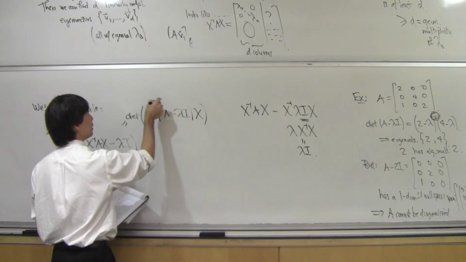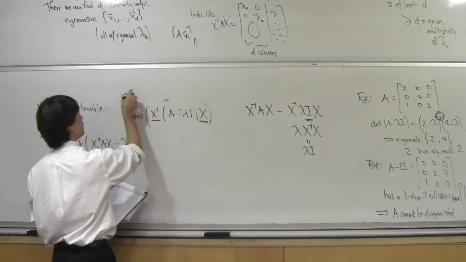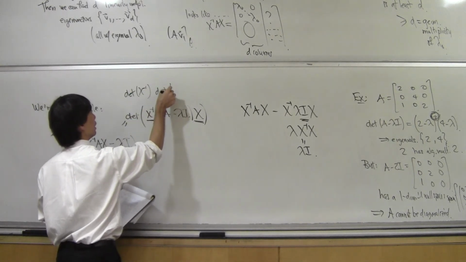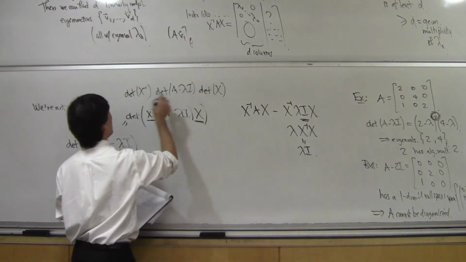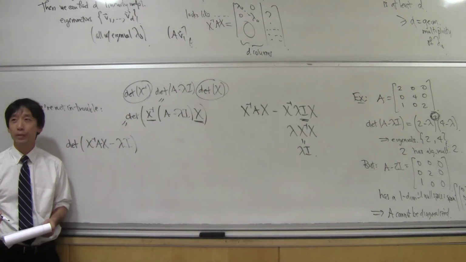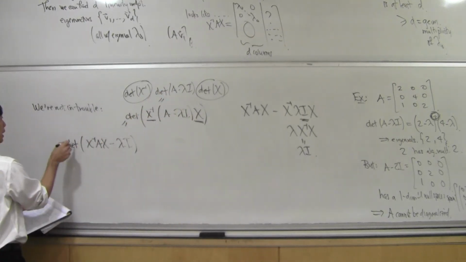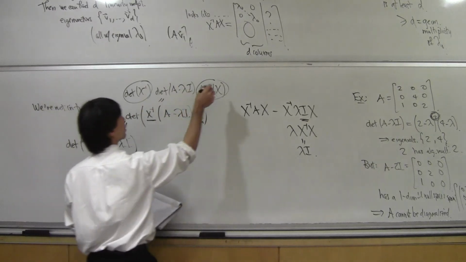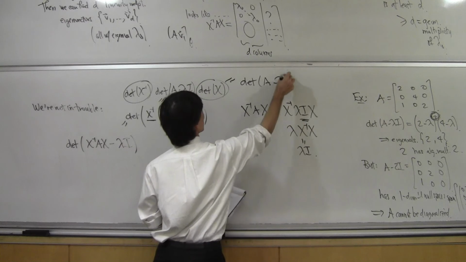But you can use your understanding of the determinant and say, well, this is the determinant of this times the determinant of this times the determinant of this. And these things are reciprocal. The determinant of X and the determinant of X inverse are reciprocal, right? So you just end up with this thing equals this.